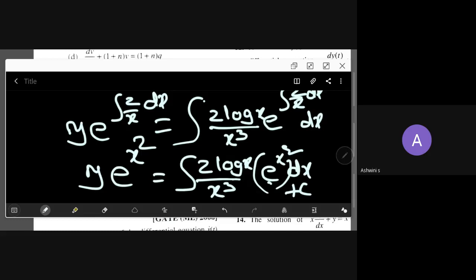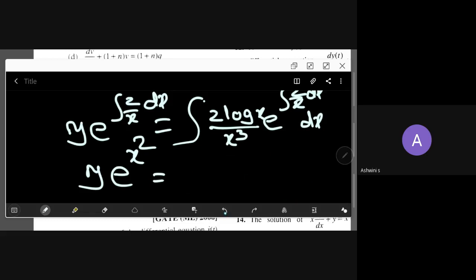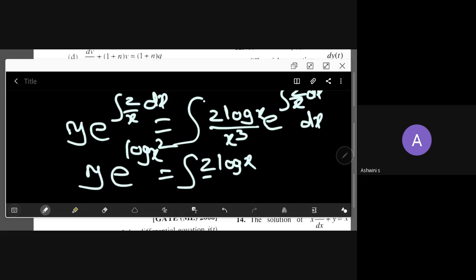Is it right? I'm sorry, here log x square was missing, so log x square will come. It is equal to integral of 2 log x by x cube, times e power log x square dx.